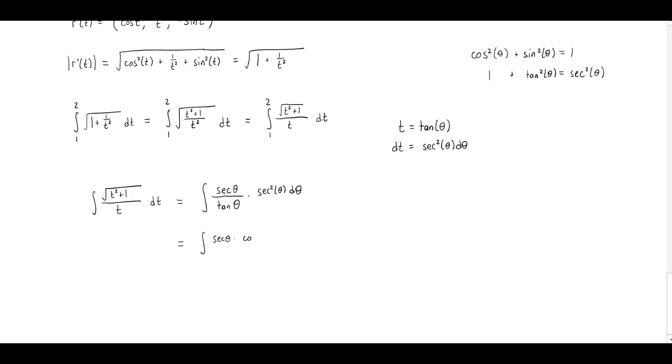And then I still have the secant squared theta d theta. Okay. So I was just thinking that we can cancel the secant with the cosine if I do that. Secant is 1 over cosine, all right?